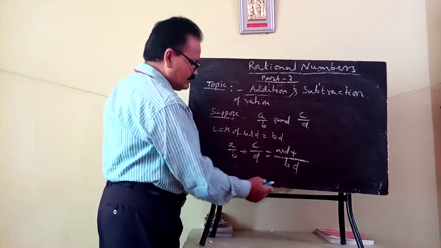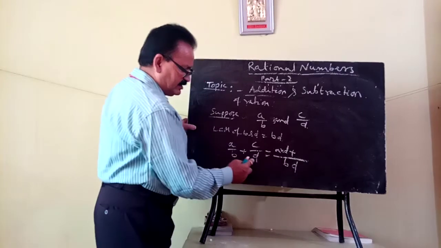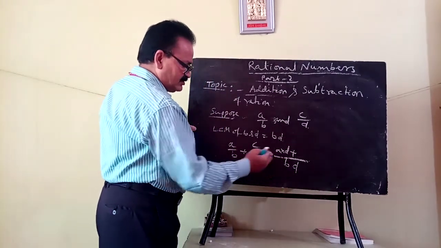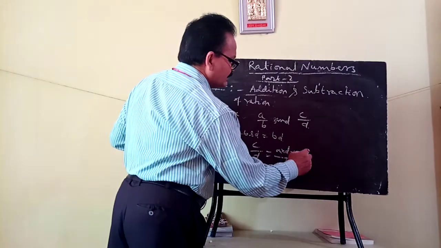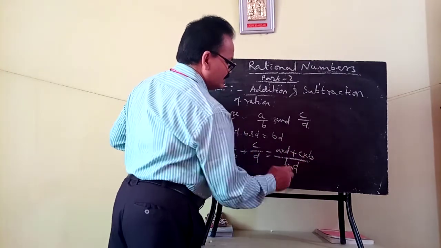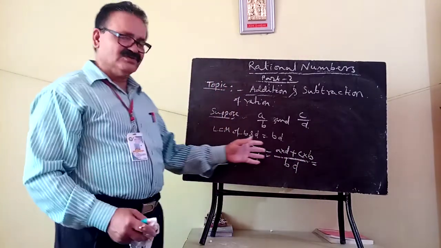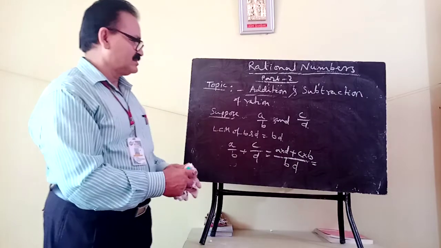Again you divide BD by D and you get the quotient B, so you write C into B. After that you get the simplified value of the operation.